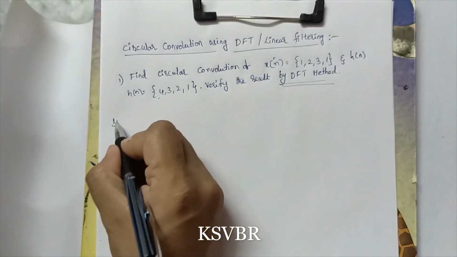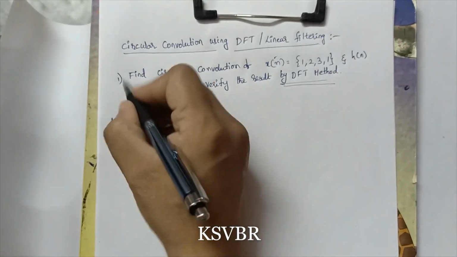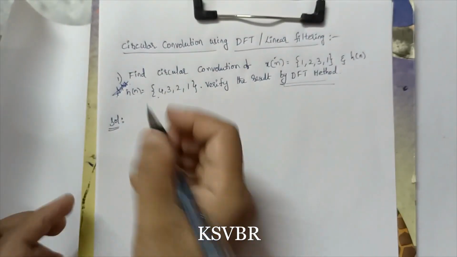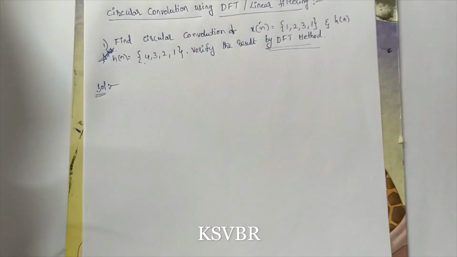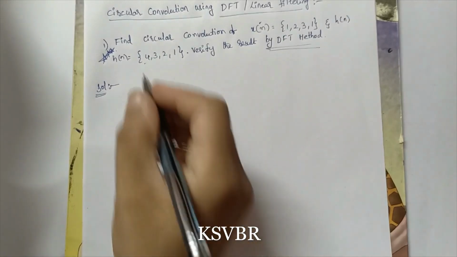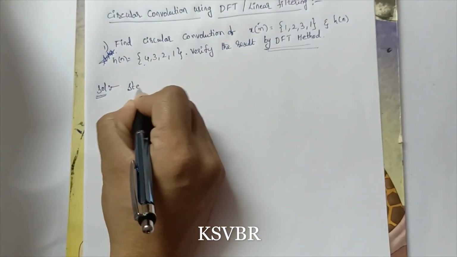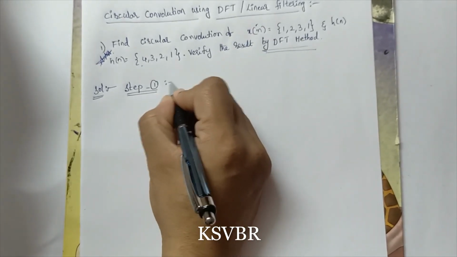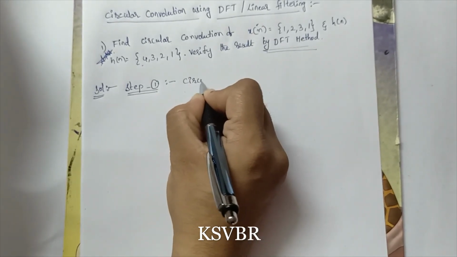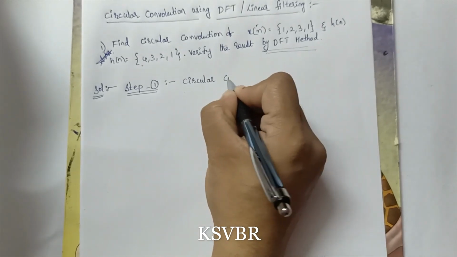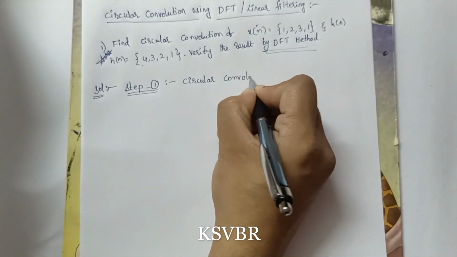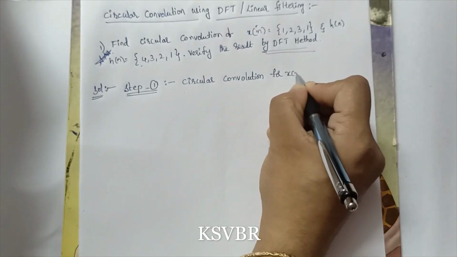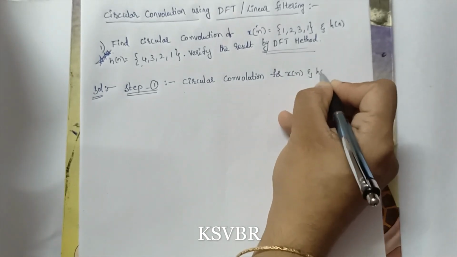This type of problem is very important. In this solution we are going to solve it step by step. Step 1, we have to find the circular convolution of x of n and h of n.